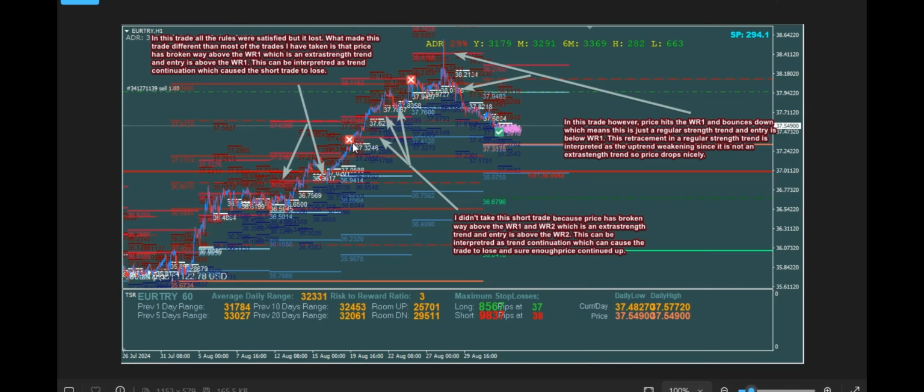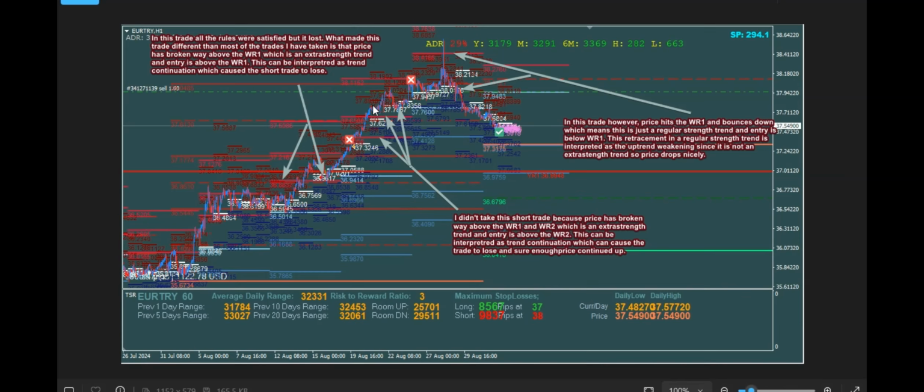And as you can see, price broke way above the weekly R1, and based on that pivot progression logic, that is even more uptrend strength. So that is extra strength uptrend, right? And then price breaks above the weekly R2 and moves way further up above weekly R2.